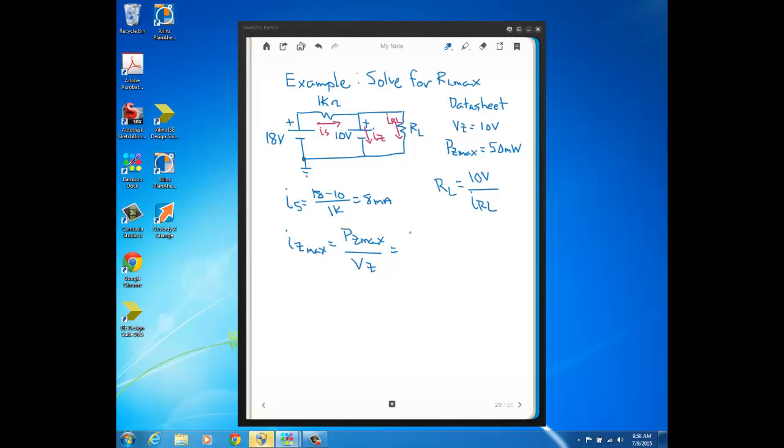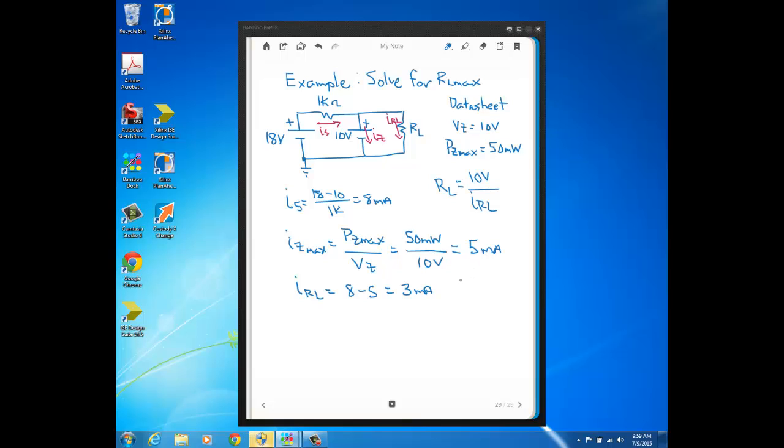IZ max in this problem is just going to be 50 milliwatts divided by 10 volts, and that comes out to 5 milliamps. So that's our IS, that's our IZ. IRL using KCL is just going to be 8 minus 5, which is 3 milliamps.